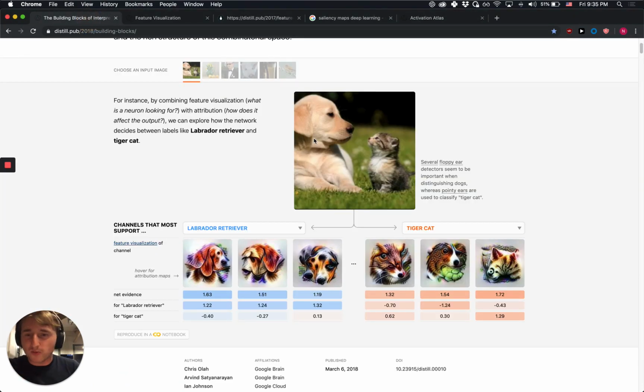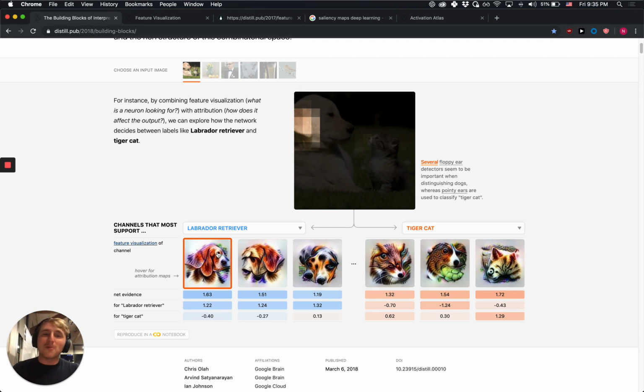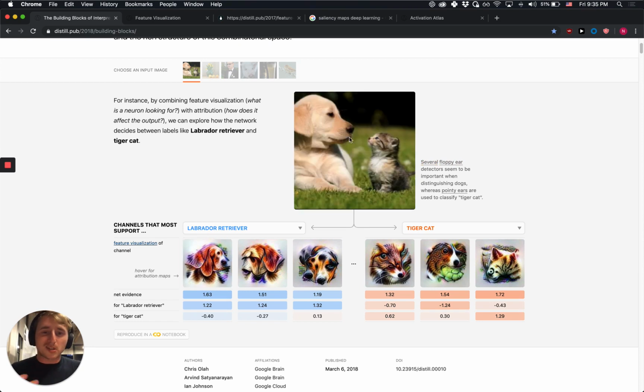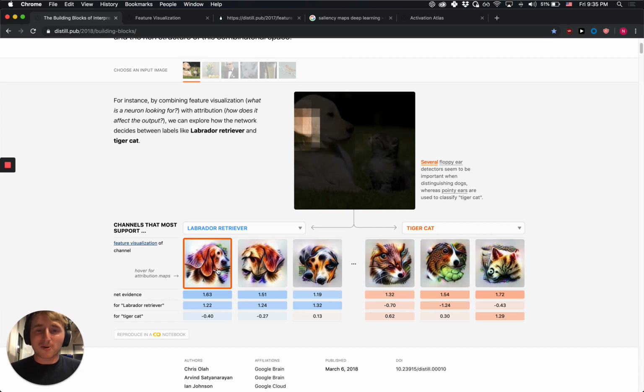When we run this, we see that the single neuron that most heavily supports Labrador Retriever is this floppy ear neuron. And this shows which parts of the image have attribution to that. So the floppy ear is the strongest evidence the neural network has, and then a dog face. This class, Labrador Retriever, is actually the class that it is given. This is not an image of a Labrador, so there's no real answer to this, but that's what the network thinks it is.